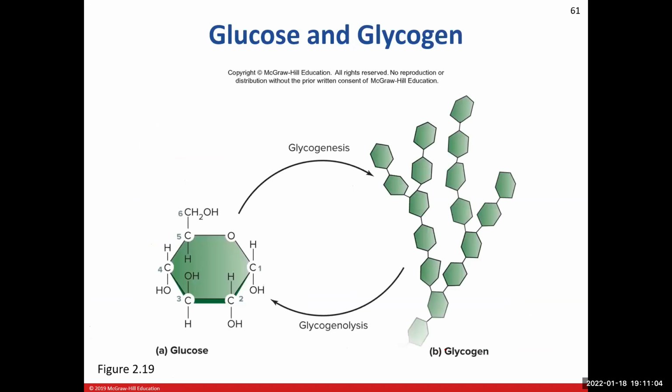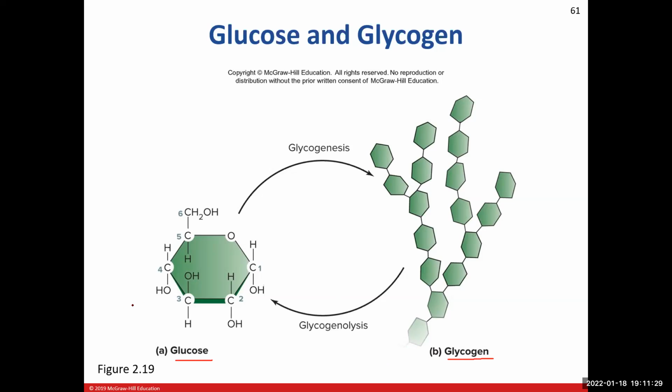So here you can see a picture of glucose and glycogen. Genesis means to make, to create, to build. So here you can see this glucose molecule on the left side of our screen, and on the right side of our screen, we can see glycogen.